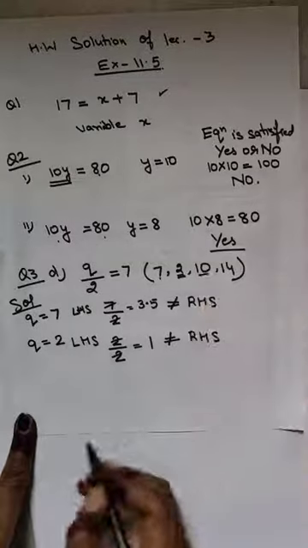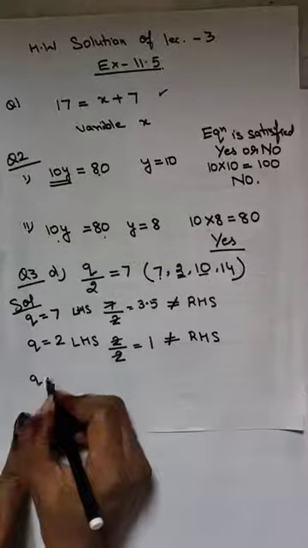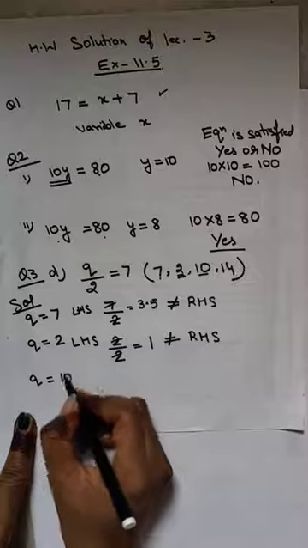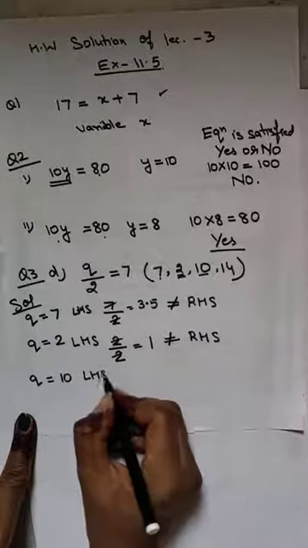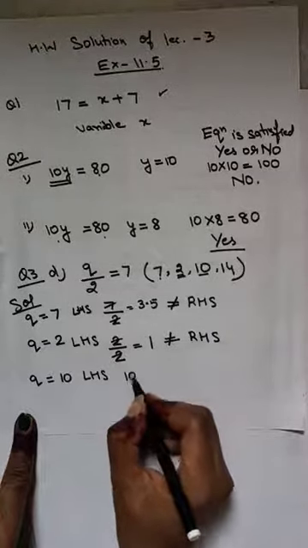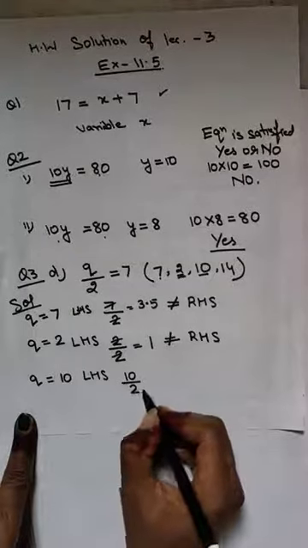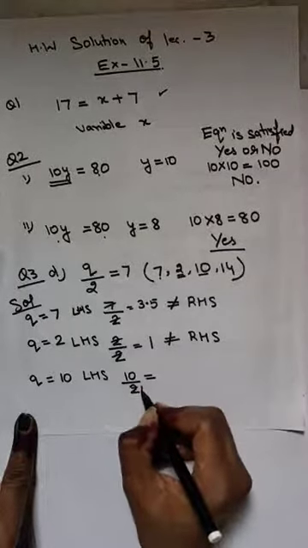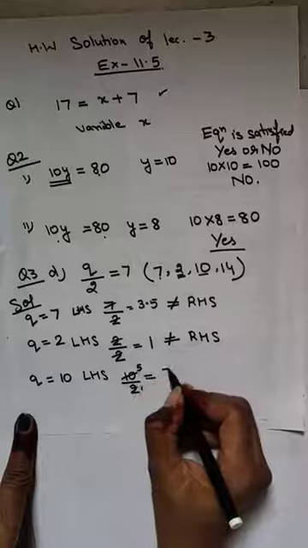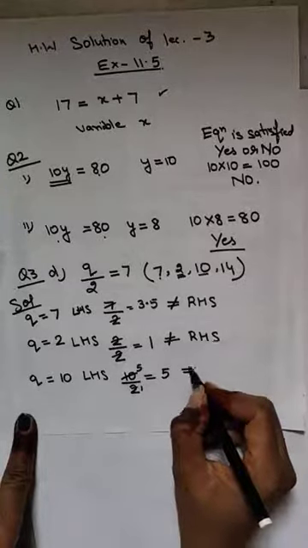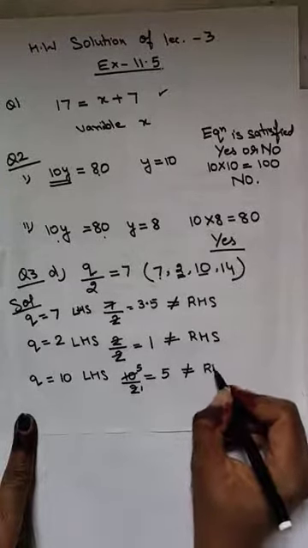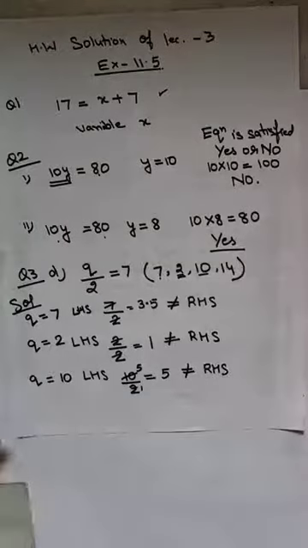Now take the third value. Q equal to 10. Left hand side is 10 divided by 2, which is 5, since 2 fives are 10. This is also not equal to RHS, right hand side.